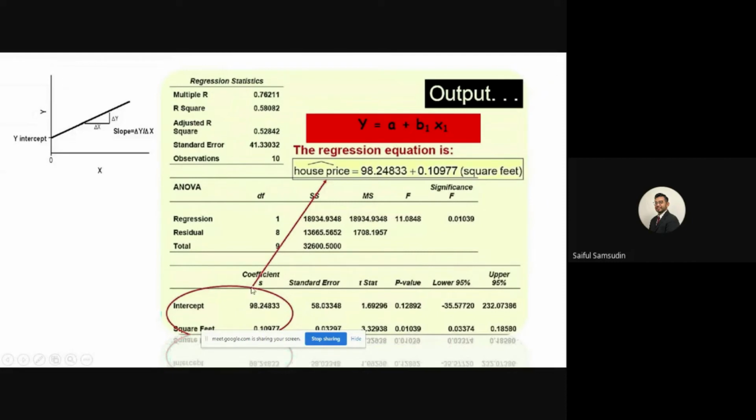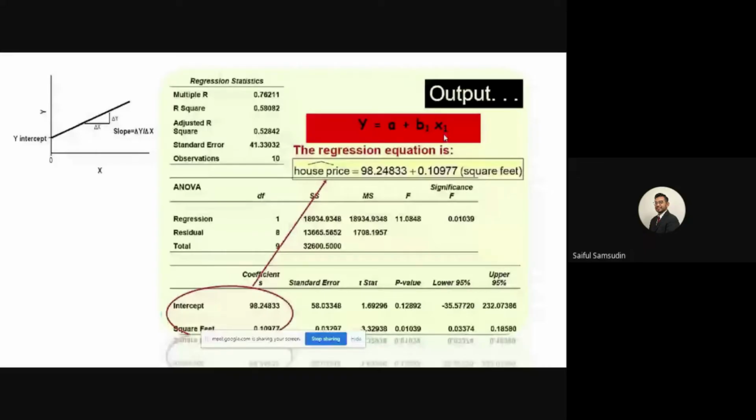So we got the coefficient here as 98.24833. So we put a as this, and then plus b1 as the square feet coefficient, 1.7, times square feet, the anything we want to predict.